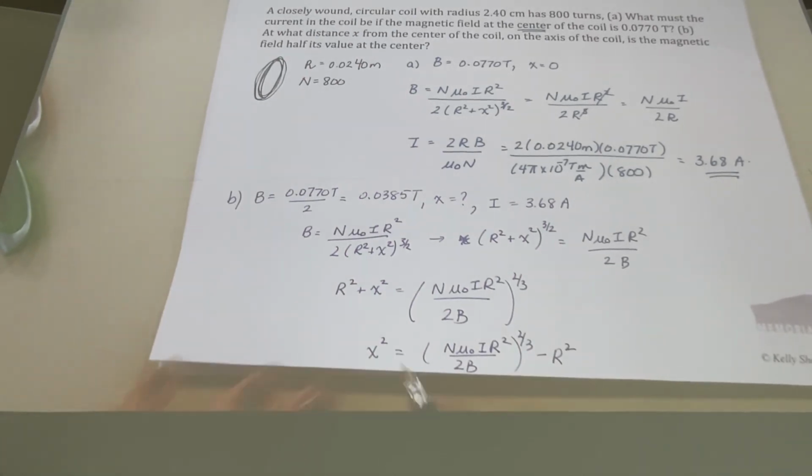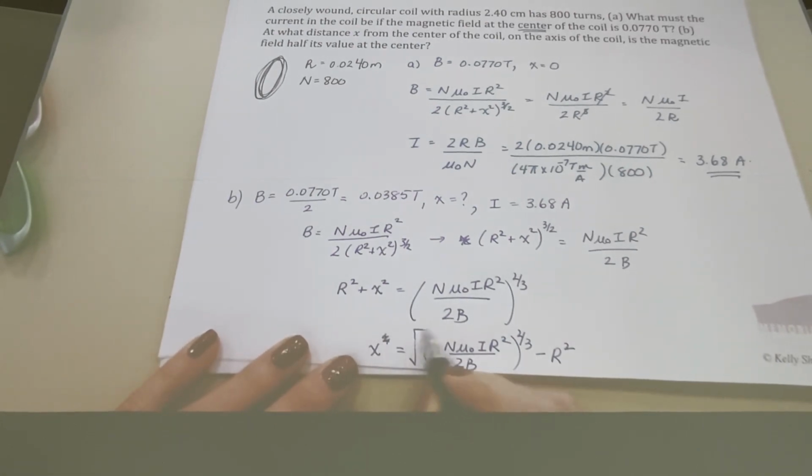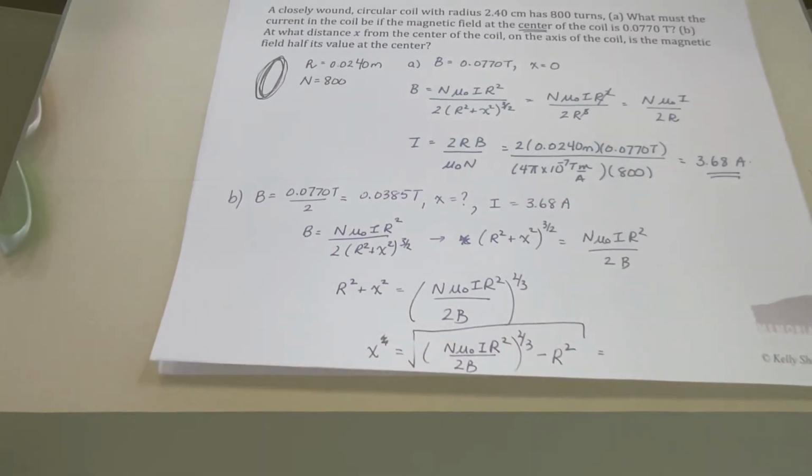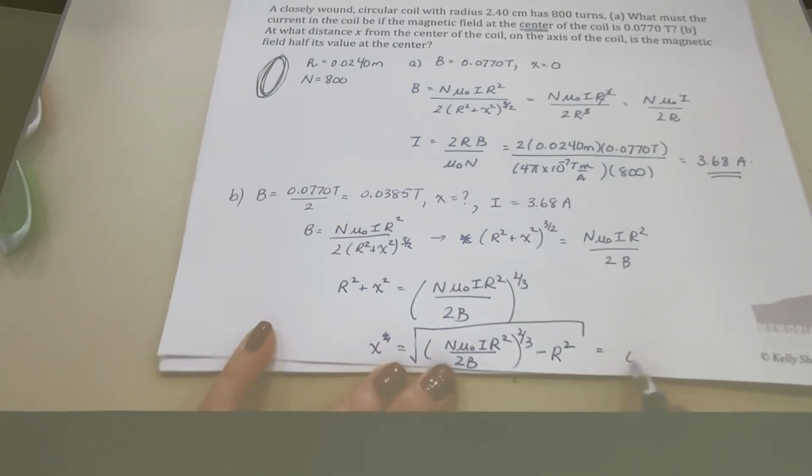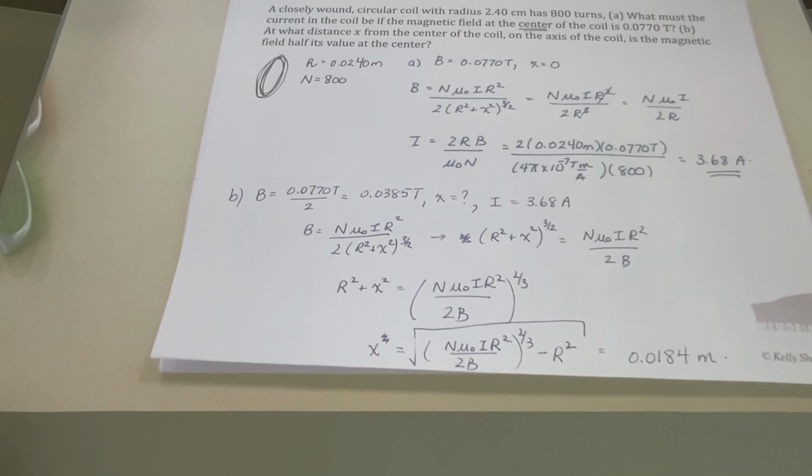And then to find our X, we'll just take the square root of both sides. Put all of our numbers in, and we should get 0.0184 meters, or 1.84 centimeters.